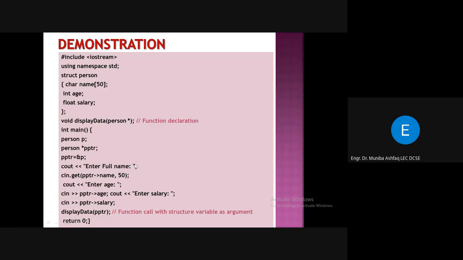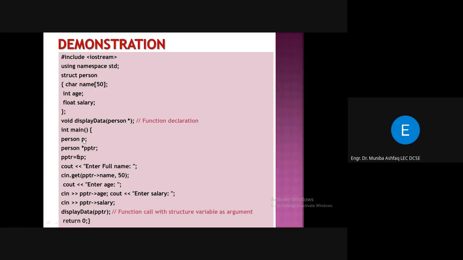Again, enter full name, and cin.get or cin.getline, whatsoever you want to write. Then now here what I'm going to do is I'm using the pointer. I'm not directly writing.